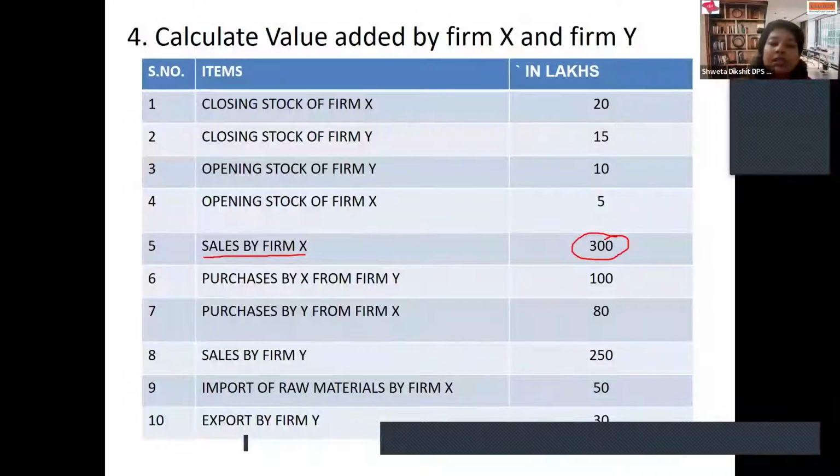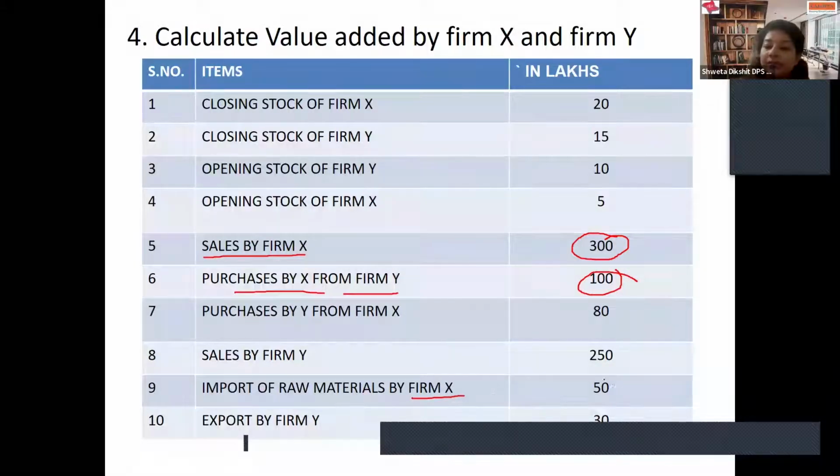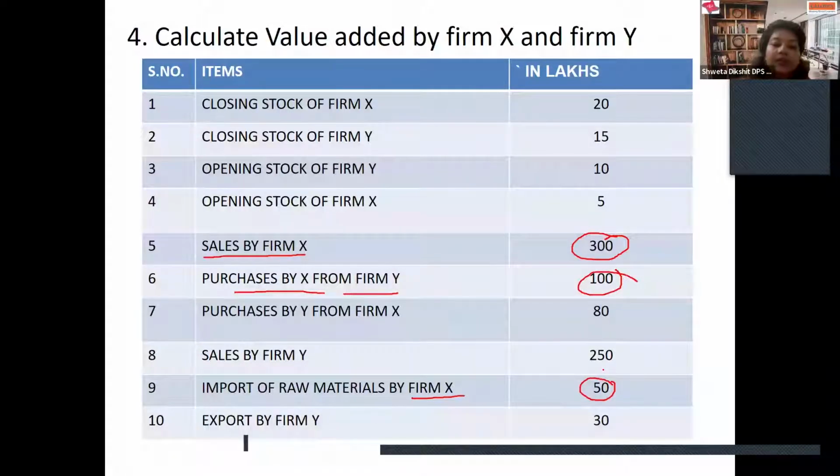Now comes its intermediate consumption. Intermediate consumption means purchases. So purchases by X from firm Y is the intermediate consumption of X. You see, is there any import also written? Yes, it is. That is import of raw materials by firm X, that is 50. So the value of intermediate consumption is 100 plus 50, which is 150.